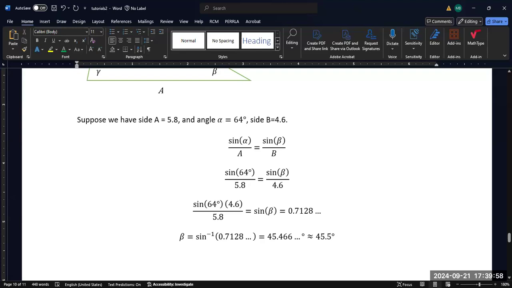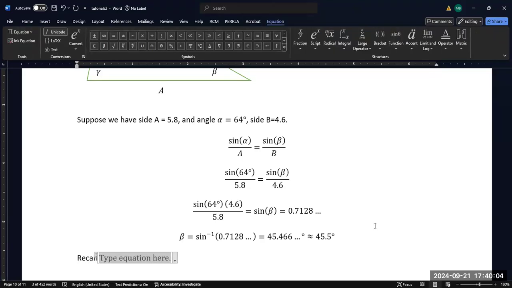Now, once I have two of the angles, I could easily find the third one. Recall the three angles in our triangle: alpha plus beta plus gamma have to add up to 180 degrees.